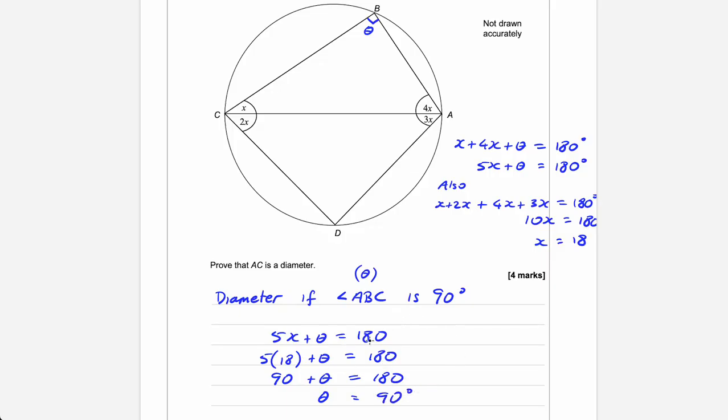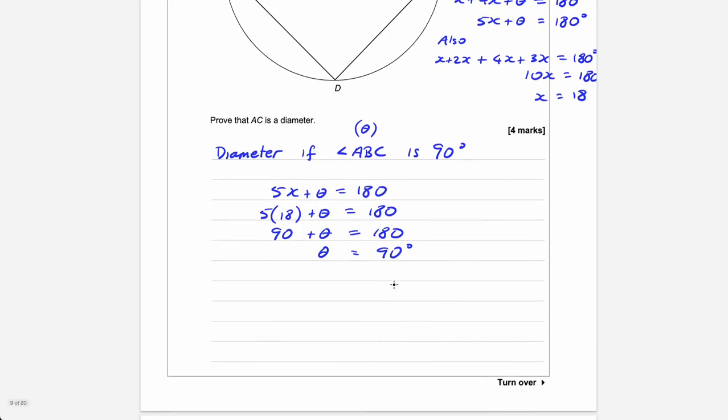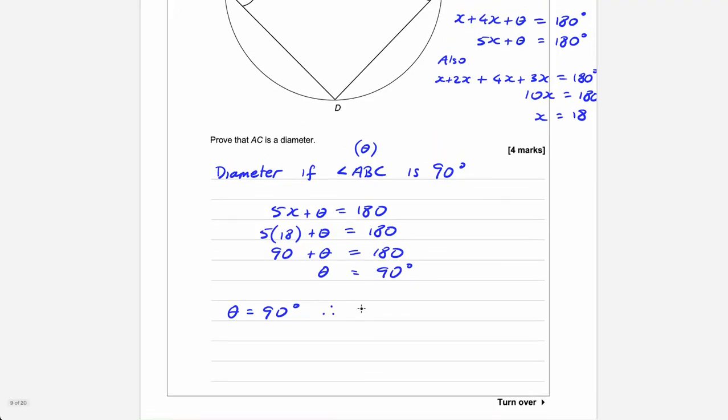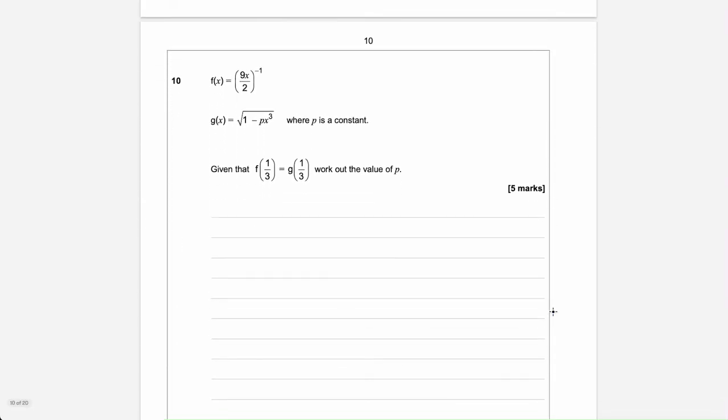So theta is 90 degrees, therefore AC is a diameter. Okay, hope that makes sense, guys. Next question. Question 10.